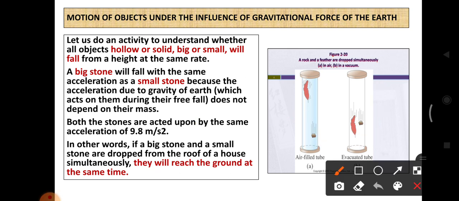So if there is no air resistance, the objects reach the ground at the same time. So all objects are accelerated at only 9.8 meter per second square.